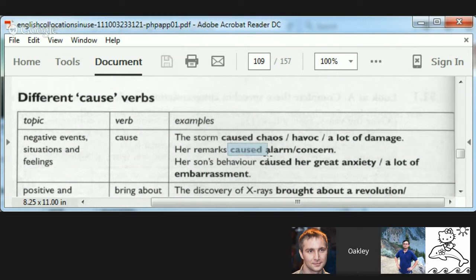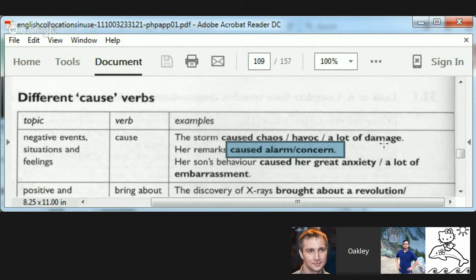Okay, her remarks caused alarm, caused concern. What else? We're talking about causing emotions. Heidi, can you think of any others? Cause alarm, cause concern. Some, it's already written like that. Anything else? I was thinking, oh, we have it.